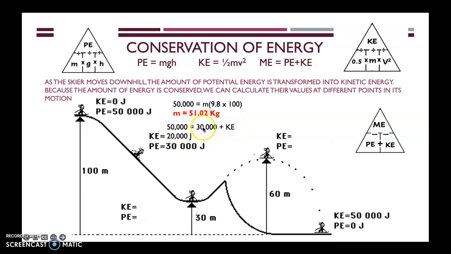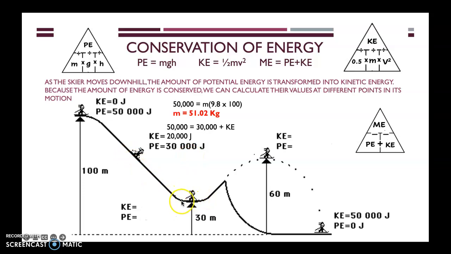So I subtract 30,000 from both sides, and I get that my kinetic energy is 20,000 joules. So they start off with all 50,000 in potential, but when they reach this point here, which is about 60 meters high, it has turned from all potential to having 20,000 joules of kinetic and 30,000 joules of potential.